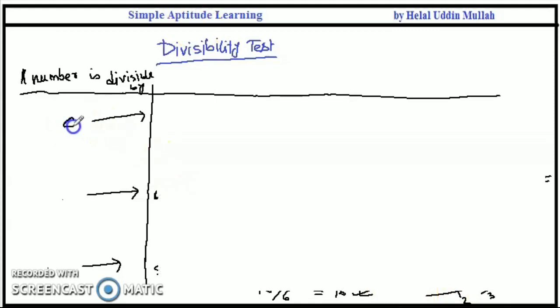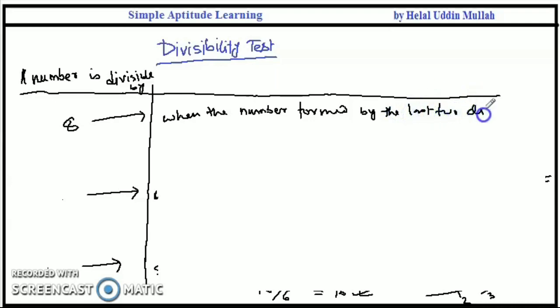Next, 8. A number is divisible by 8 when the number formed by the last three digits is divisible by 8.